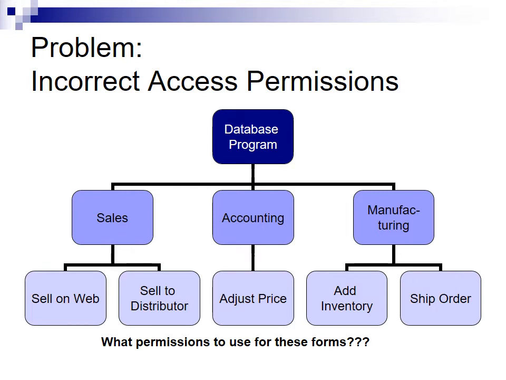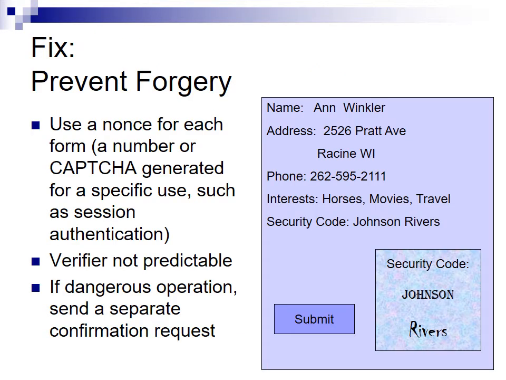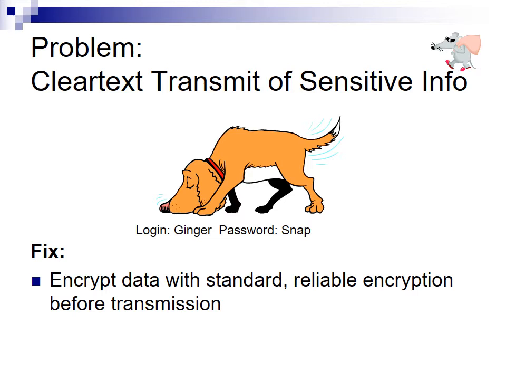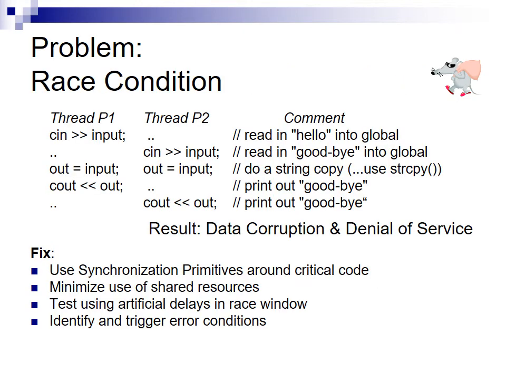Then to prevent forgeries, use a nonce for each form, like creating a CAPTCHA code. Sometimes brute force attacks or botnets can attack us, so use a CAPTCHA code or verify with unpredictable values. Then we have the problem of clear text transmission of sensitive information. We should encrypt data with standard, reliable encryption for transmission.